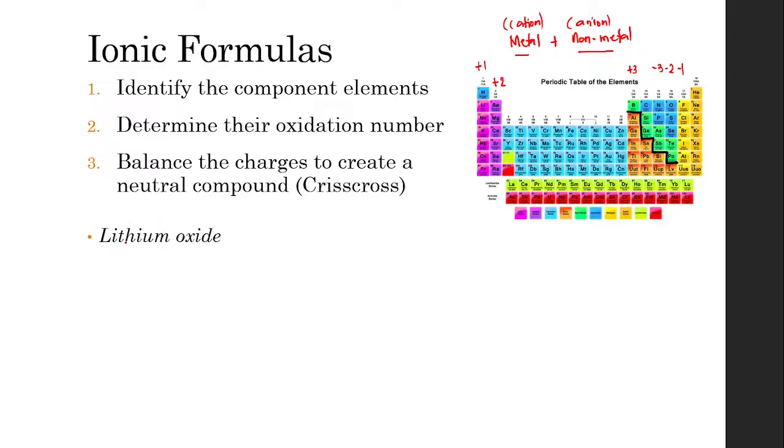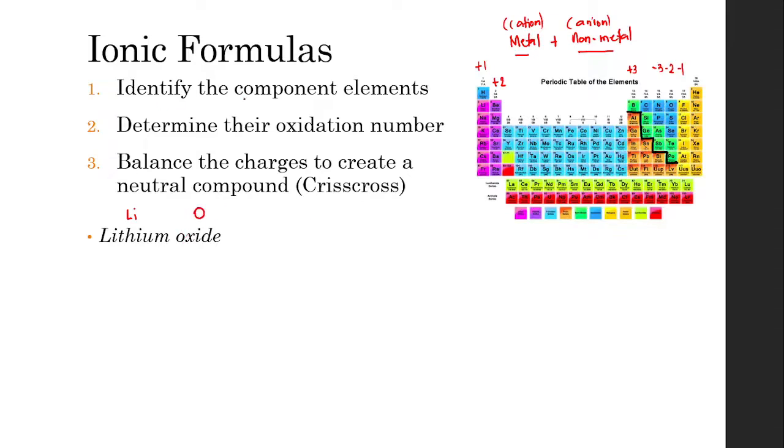The component elements that we have are lithium, and oxide is the name of our anion, which tells you this is a non-metal. From the way that we name an ion, we usually add an -ide ending to the name of our element, which means our oxide is actually oxygen.